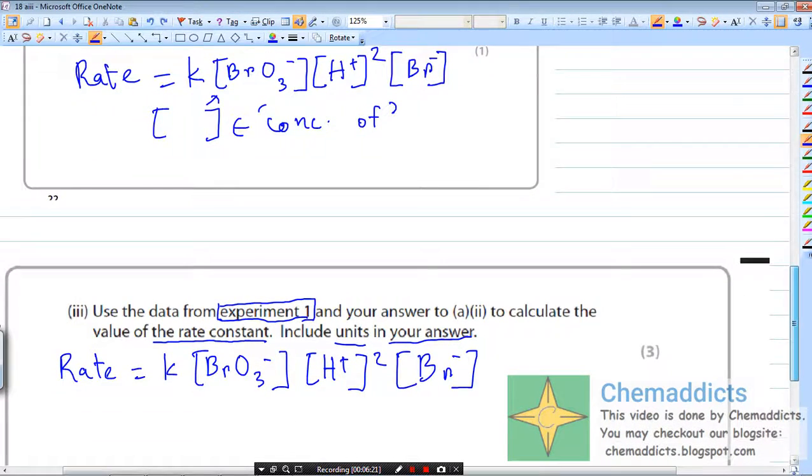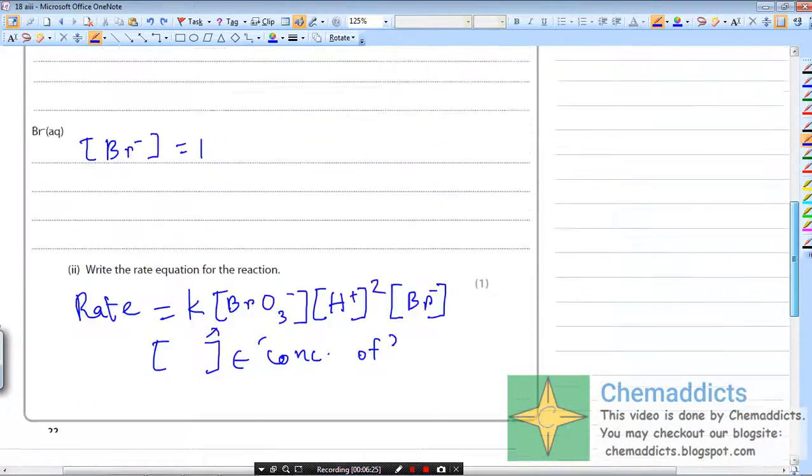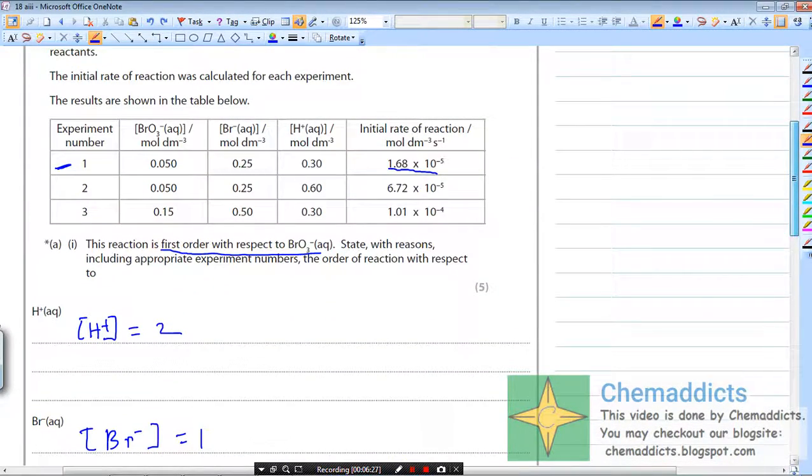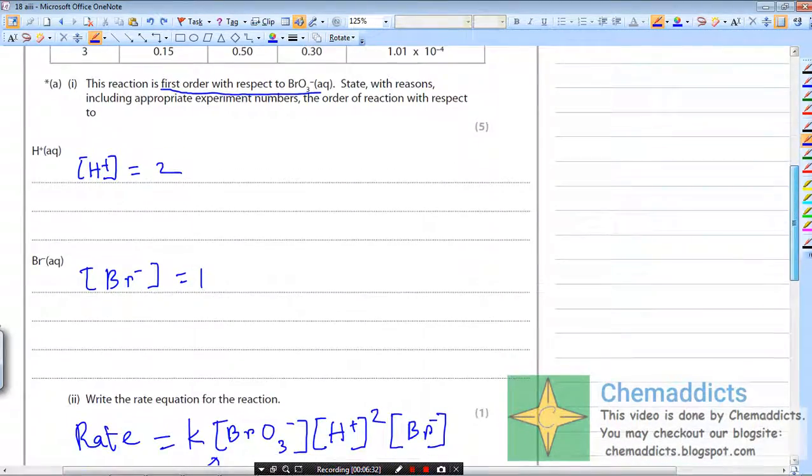Yeah, this is the rate equation for this particular reaction. So what was the rate? 1.68 into 10 to the power minus 5, and the unit is mole per dm cube per second.